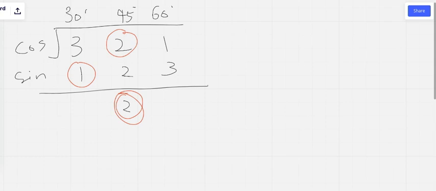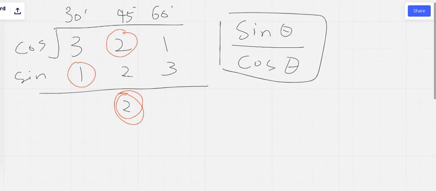We all know that tangent is sine theta over cosine theta. And we can just do the simple math.